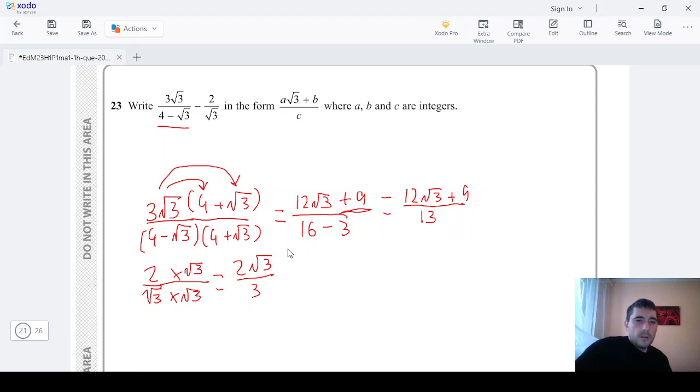So I'll do 12 root 3 plus 9 over 13, take away 2 root 3 over 3. So two fractions with a different denominator, so I just times the first fraction by 3, both top and bottom.